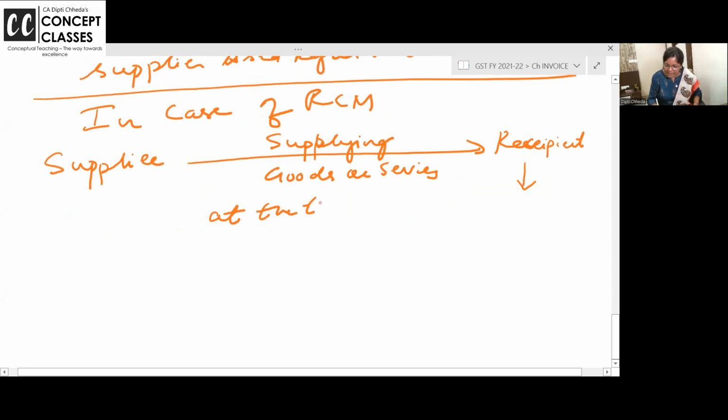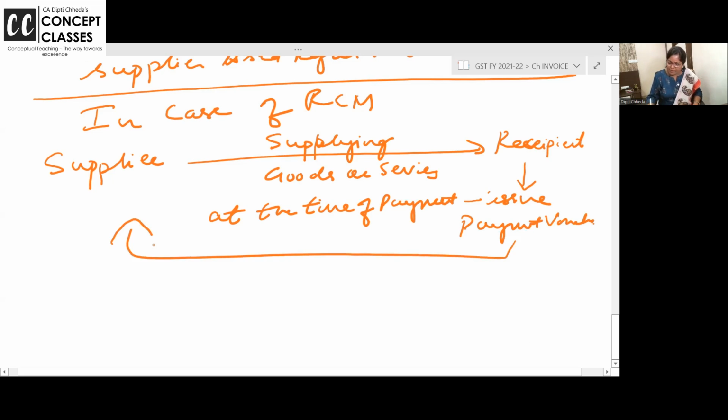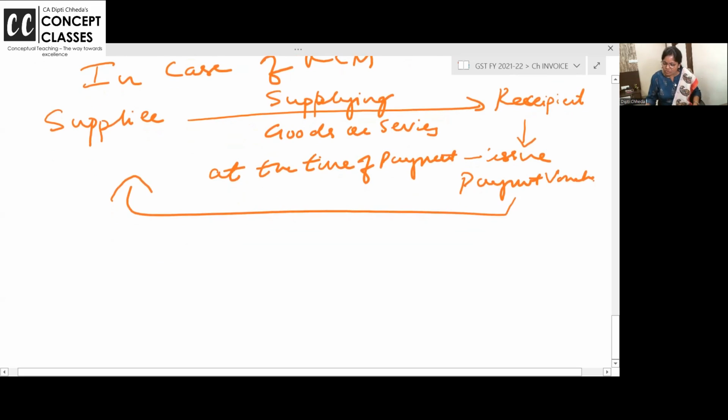At the time of payment, the recipient will issue a payment voucher. When the receiver makes the payment to the supplier, the receiver will issue a payment voucher. The receiver will also issue a tax invoice, but it will be treated as a purchase for him.